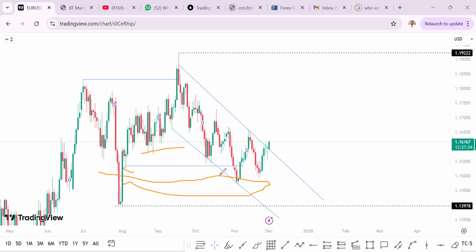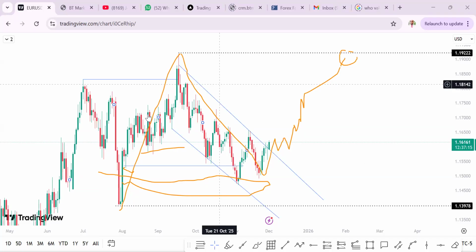So we can make our statement that, okay, Euro USD, since the overall is still bullish, that bullish leg may continue and maybe target the next liquidity, what we call external buy side liquidity for price.